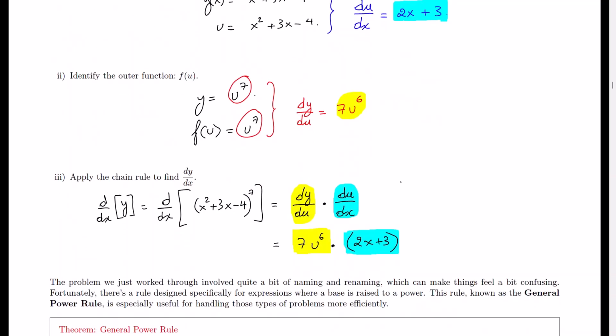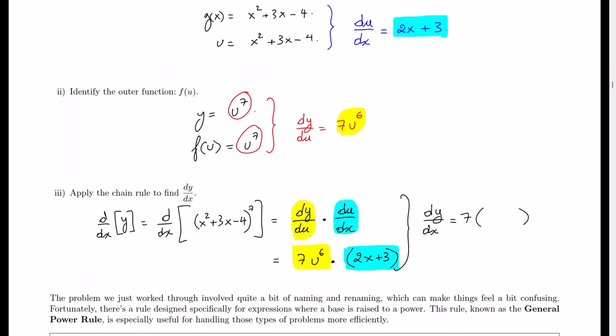From all this, we can say that the derivative of y with respect to x is 7, but u was really up here, x squared plus 3x minus 4, raised to the power of 6, and then we multiply it by 2x plus 3, which was already there. So this is the general chain rule, and this works no matter how complicated your problem is going to be.